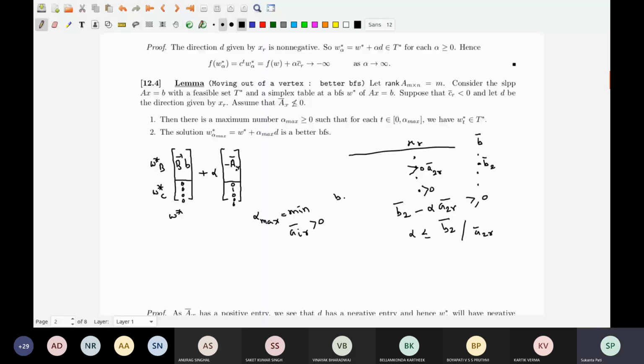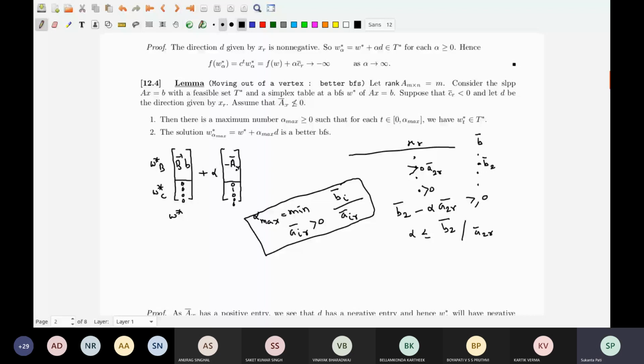Wherever the column has positive entries, you take b i bar divided by the ith entry of the column, a bar i r, and that minimum is the maximum extent that you can move. You have to determine this, and this gives you the maximum extent that you can move.